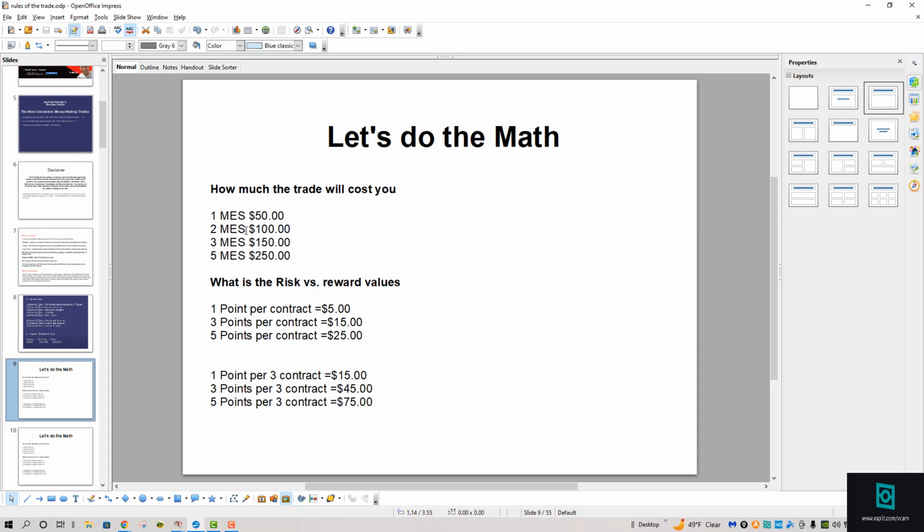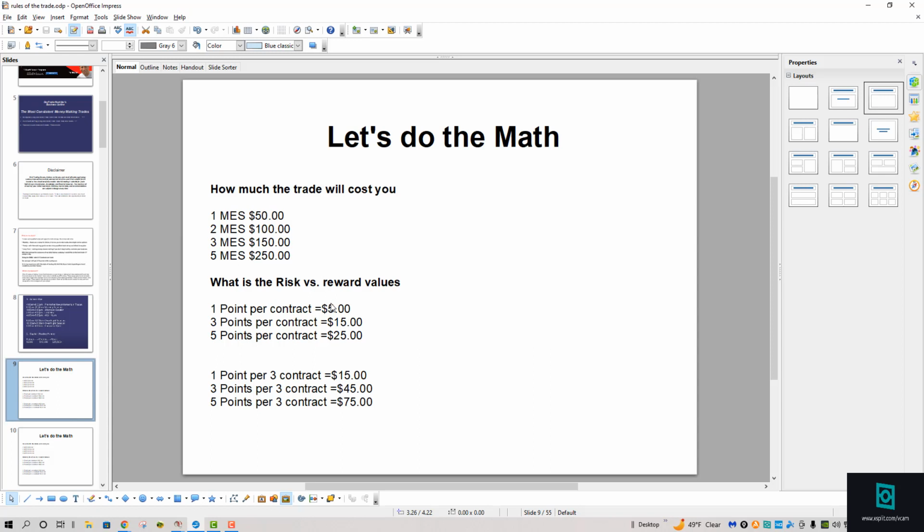So I always try to teach newer traders to start off with a small amount. 5 MES is actually 1/2 of an E-mini or an ES contract. One MES is 1/10 of an ES. So it's amazing how it does cut down the risk a lot.